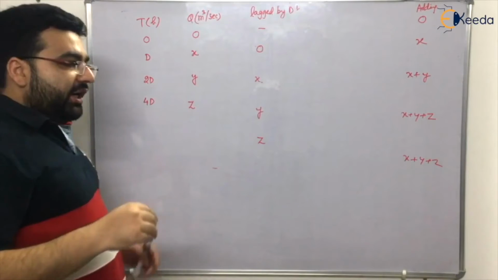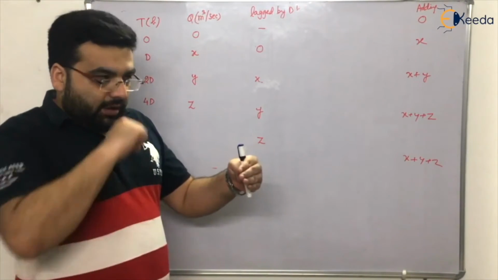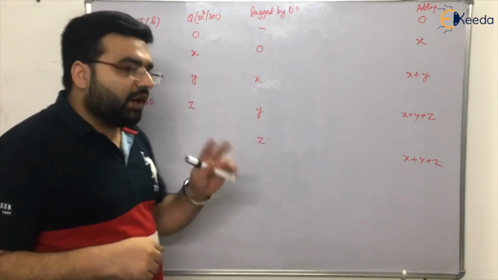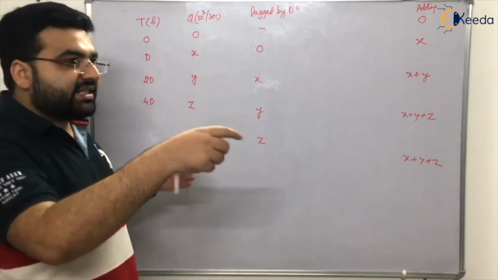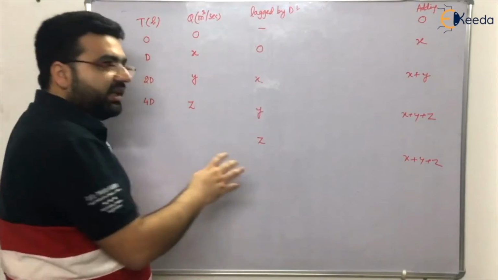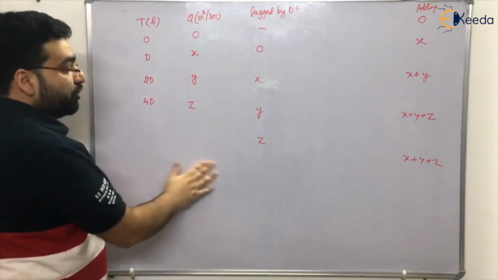For example, if the question says determine the S curve unit hydrograph for 4-hour duration, or 2-hour, or 12-hour duration, whatever, you have to lag this by that many hours. If it is 12 hours, lag by 12 hours. If it is 13 hours, lag by 13 hours, and so on. Clear?